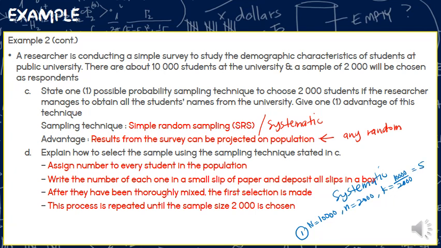Lepas tu buat apa? Divide into 2,000 groups. Each group 5 student. Okay, 5 ni K.